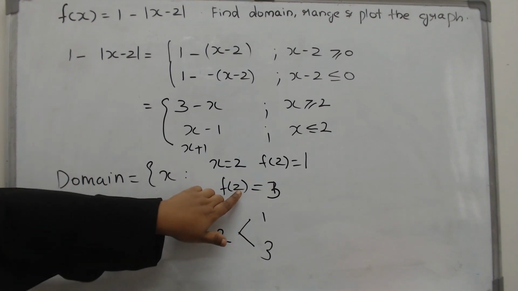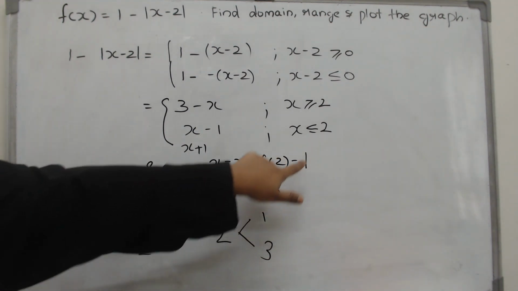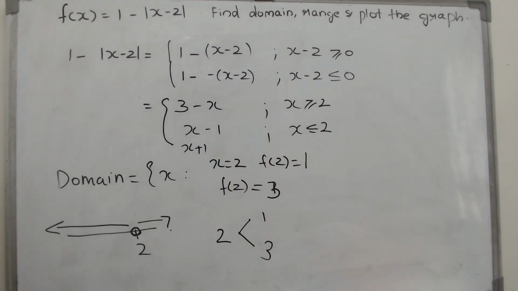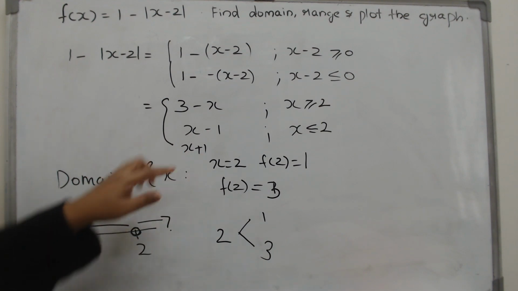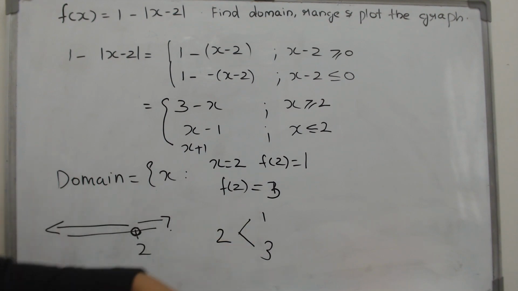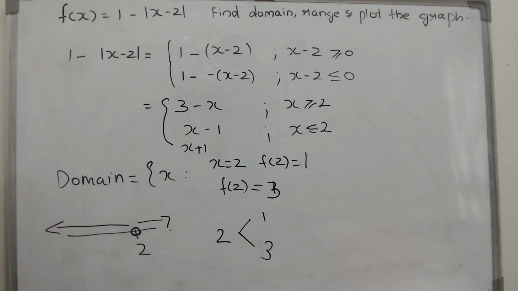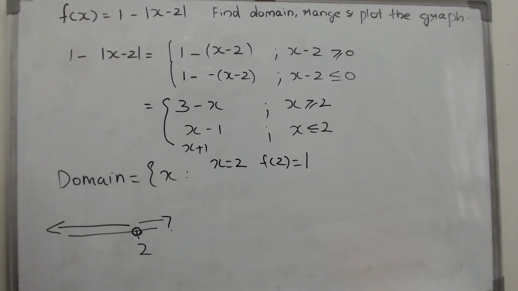Or in other words, the single element 2 is going to have two different images. Then it will not be a function. How have we defined a function? Each element should have a unique image. It cannot have two images. Then at that point, it will stop being a function. But then here we don't have such a problem.